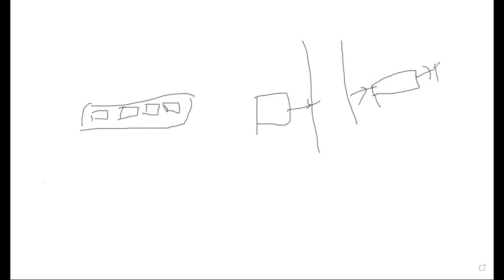At the transmitting end, the digital signal is converted into analog by the modem and then given through the telephone lines. At the receiving end, the analog signal is demodulated by the modem, so the analog signal is converted into the digital signal. So the receiving end modem will convert analog signal into digital, and the transmitting end digital into analog. That is how the communication takes place with the help of the modem.